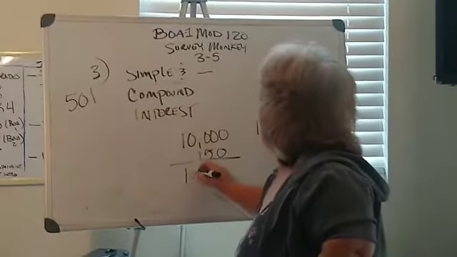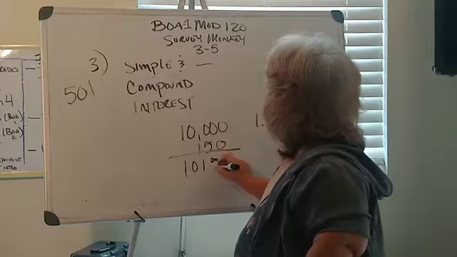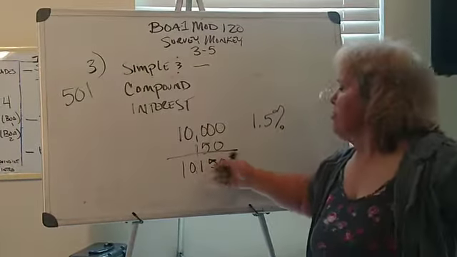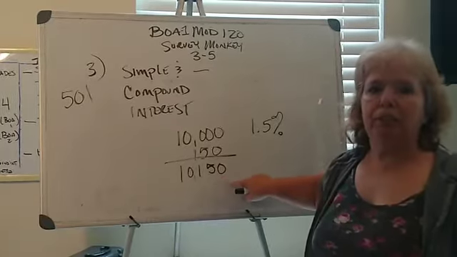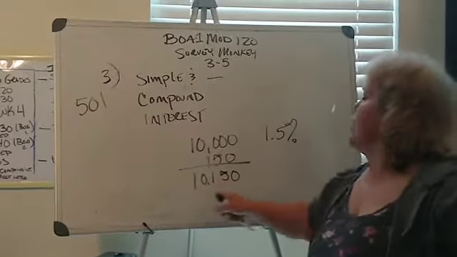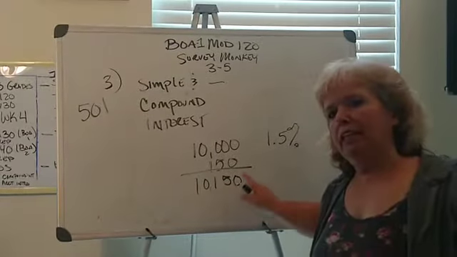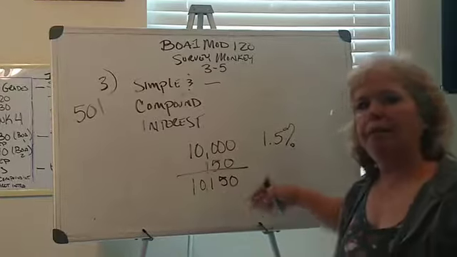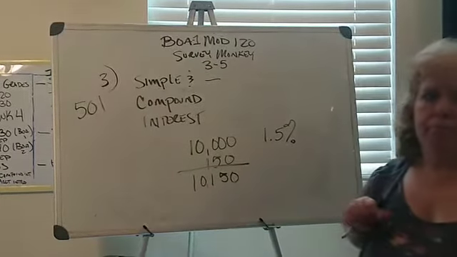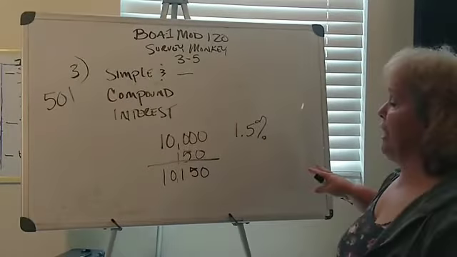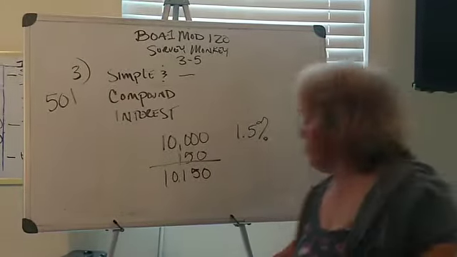So it would be $10,150. The next year, it would be based on the first year's principal plus the interest it made, so you would calculate 1.5% of this number. Then each year it would compound based on the principal plus the interest it's making. So that's the difference, and we're going to do some of these exercises and calculate the difference between those two.